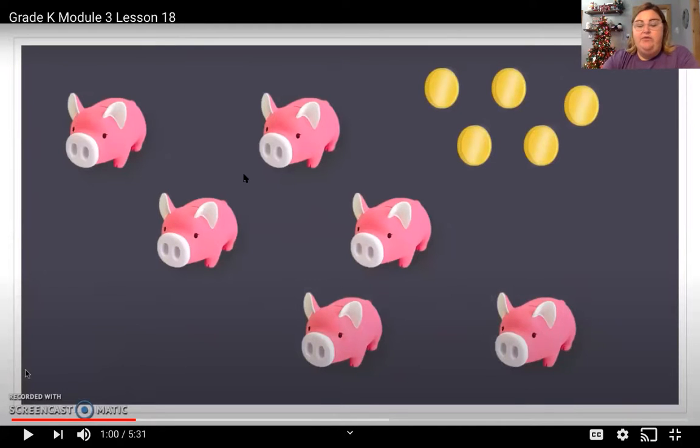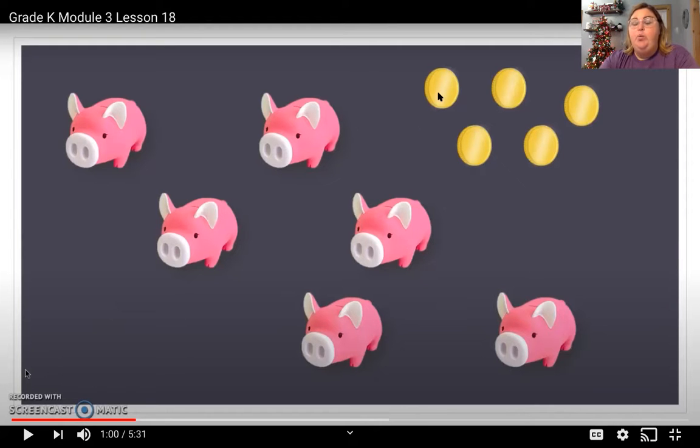So I'm going to count, and I want you to count with me, and let's count how many piggy banks we have. 1, 2, 3, 4, 5, 6. Okay, I have 6 piggy banks. Now I'm going to count and see how many coins we have that she dumped out of her purse.